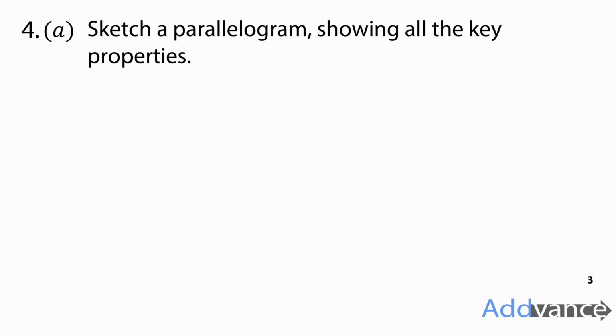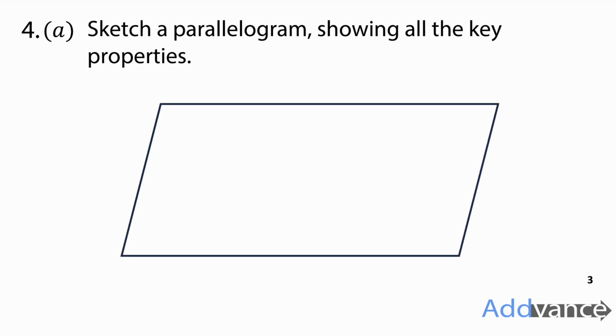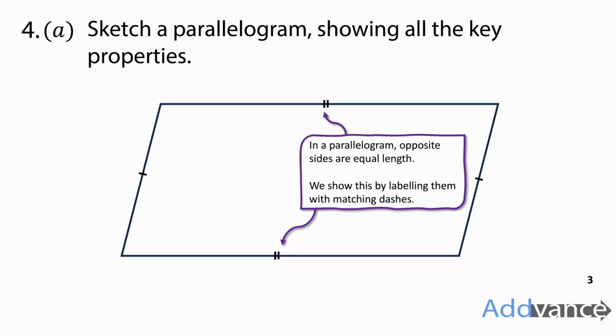Question 4. It says, sketch a parallelogram showing all key properties. Okay, so here we have a parallelogram. These two pairs of parallel sides, each the same length. And here we're going to label that opposite sides are the same length, and we'll do that by drawing small dashes matching on each side.